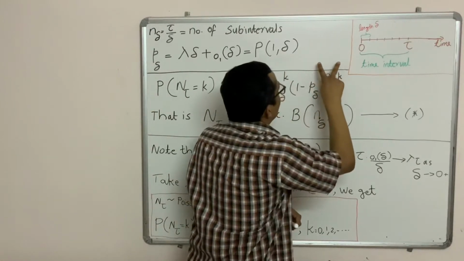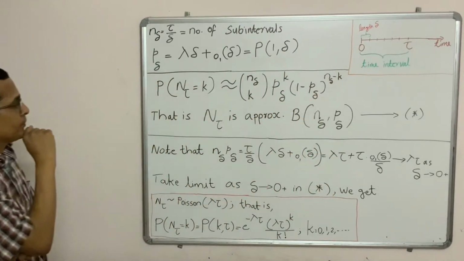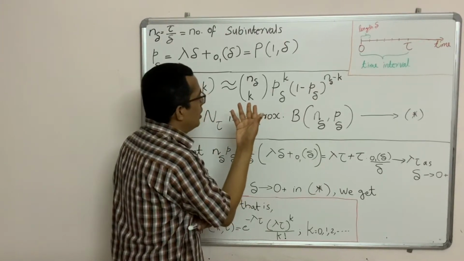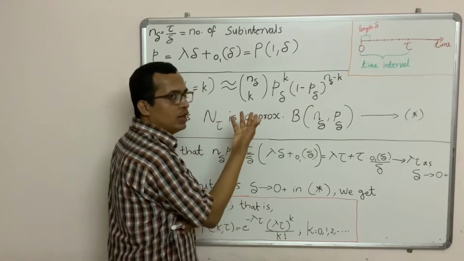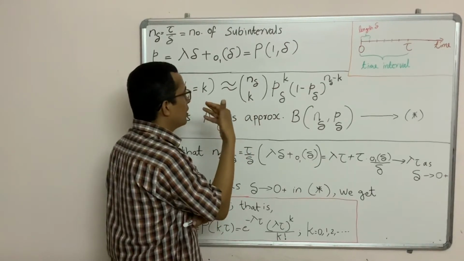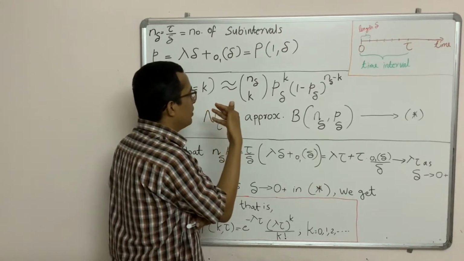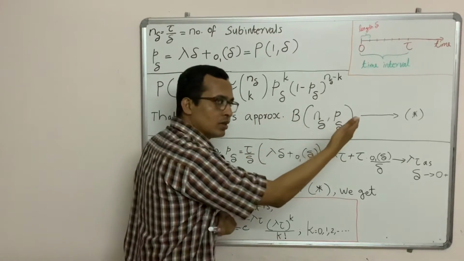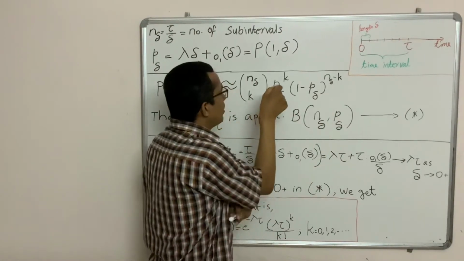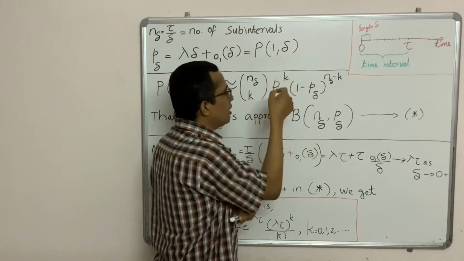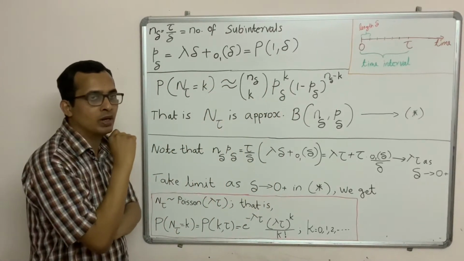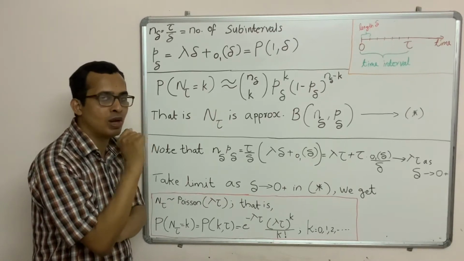If you look at the entire interval 0 to tau, the number of arrivals in the interval 0 to tau is approximately the number of arrivals in the first subinterval plus the number of arrivals in the second subinterval, and so on. In each subinterval, the arrival count is approximately a Bernoulli random variable with parameter p equal to lambda times delta.